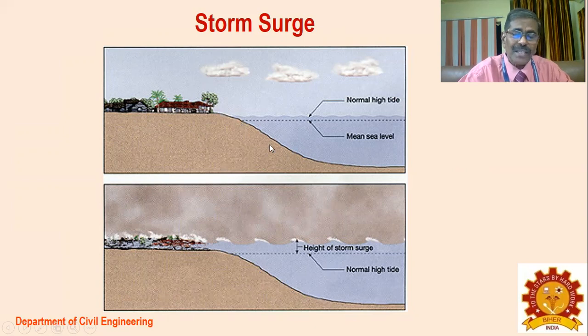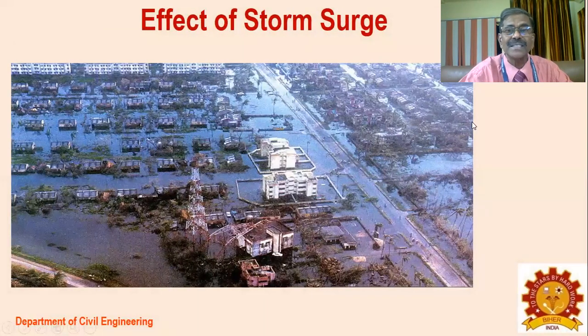If you look at the effect of this, it will be very disastrous, maybe dangerous also sometimes. If you look at some of the storm surge area, this is the water which has entered into the coastal area, maybe somewhere in the Gujarat area, I don't remember that.